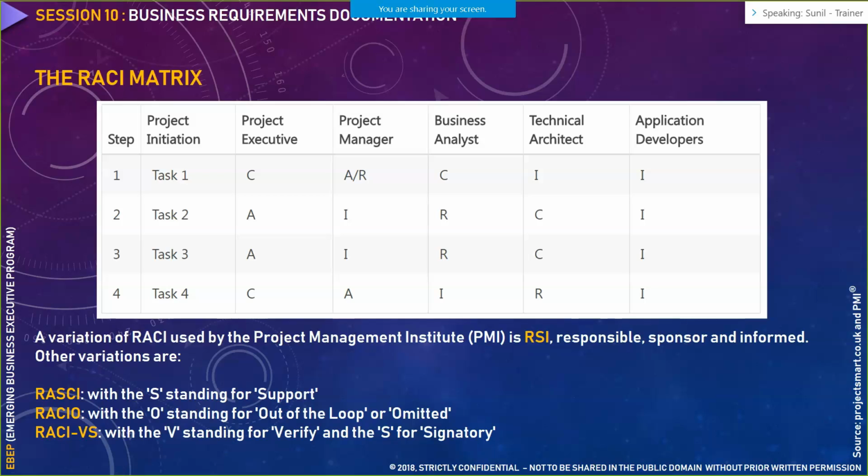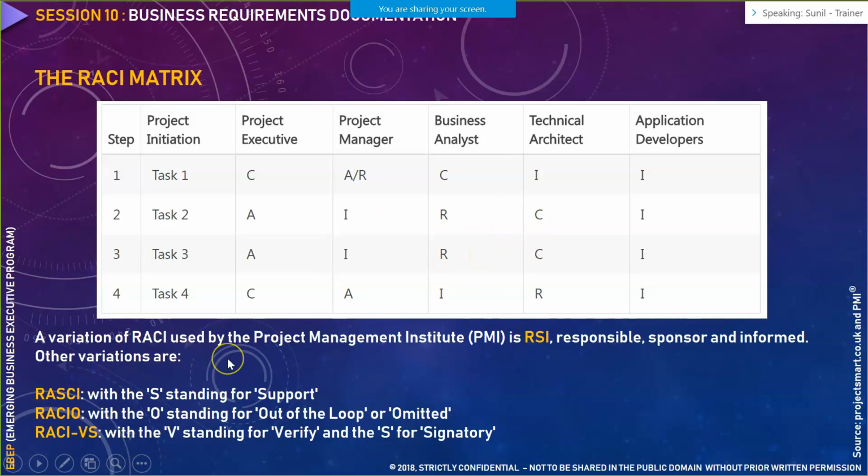So this way, depending on the task, whether it's a function or a feature that you are delivering, or a particular module that you are testing, or a particular project that you are performing business analysis on, the accountabilities, responsibilities, consultation and information responsibilities change.